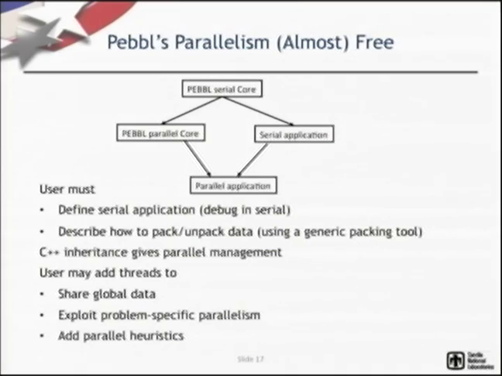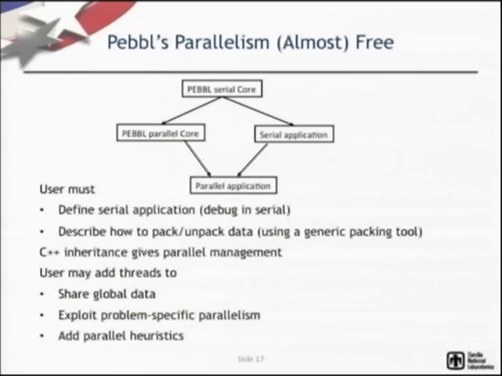If you've got the serial application, you can create a parallel application by inheriting from both the parallel core and the serial application. And the only thing that you need to do is to create a function that tells you how to create a message buffer that holds the subproblem information and the basic global problem information. And within PEBBL, there's a particular data structure called a pack buffer, which I like to think of as a suitcase. You put it on your bed, you throw the things into the suitcase, you don't care about what the type is. At the other end, you just need to make sure you unpack correctly. Makes things very easy for starting things up.